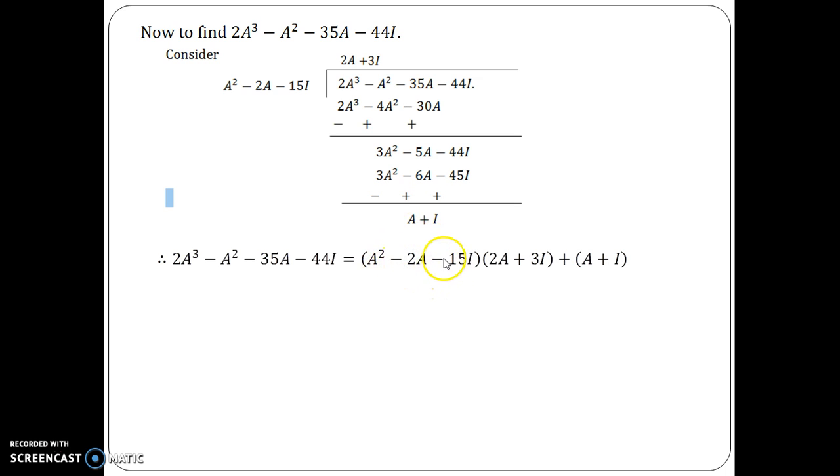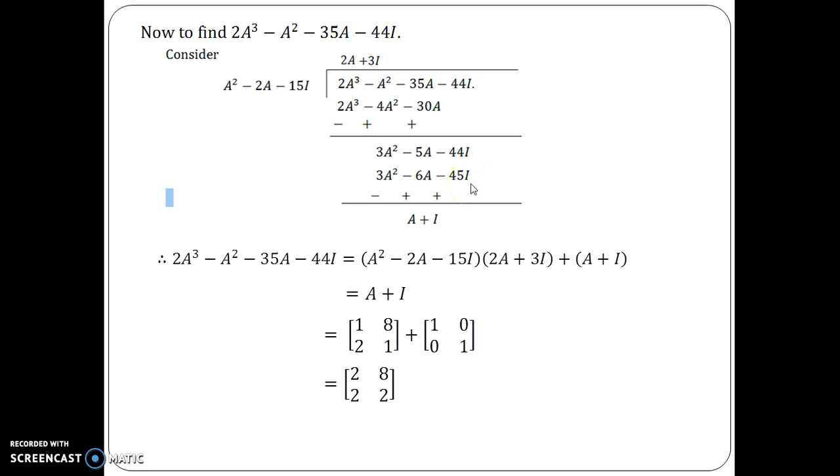So this entire product becomes 0, and what you are left with is that this cubic expression is equal to A plus I. Finally, when you substitute the values of A and I, you get your answer for 2A cube minus A square minus 35A minus 44I. It's very easy. You can easily understand it, and the entire problem is solved.